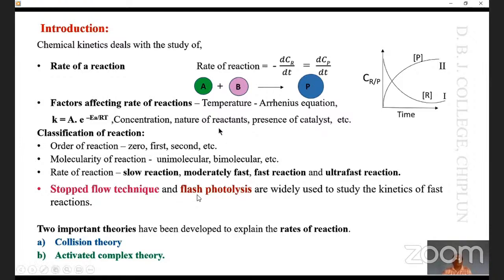On the other hand, when the reactants are in the form of ions, and if both the ions are oppositely charged, then the reaction between the oppositely charged ions proceeds very fast. The rate constant of an ionic reaction is very high as compared to the rate constant of a reaction between gaseous reactant molecules.